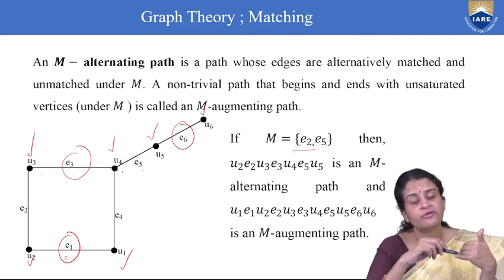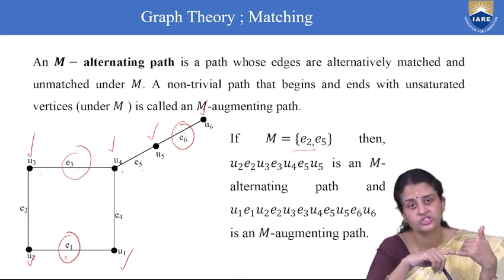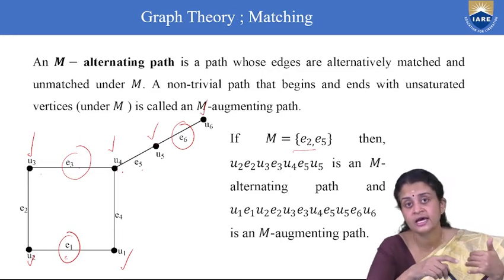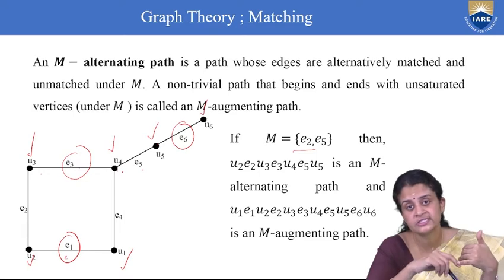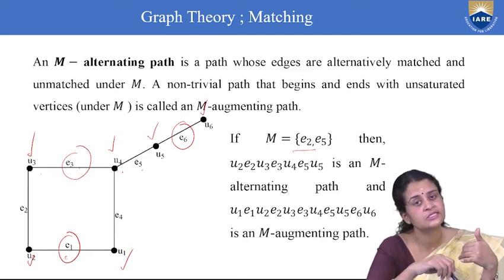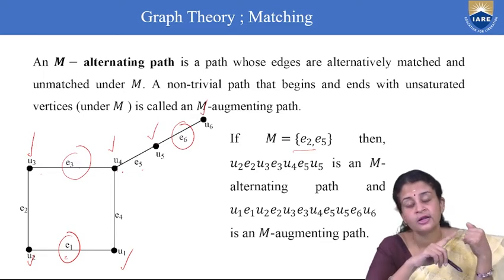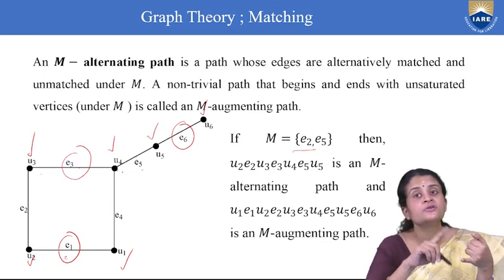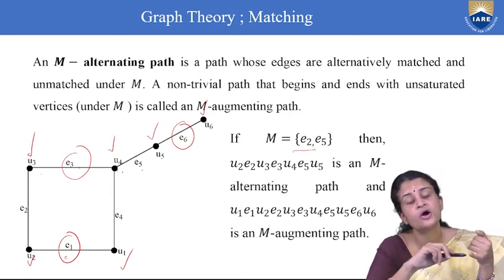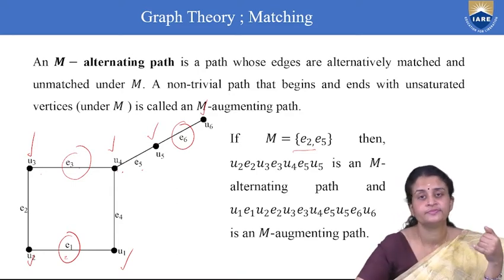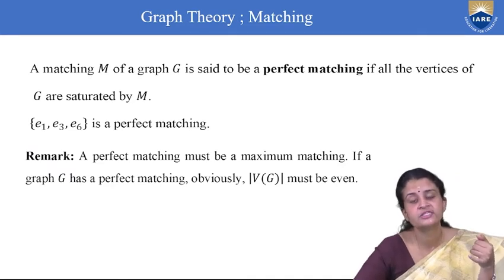Every vertex is an endpoint of some edge in this matching E1, E3, E6. E1, E3, E6 is a maximal matching and also a maximum matching, and it saturates all the vertices of the graph. So this matching is said to be a perfect matching.